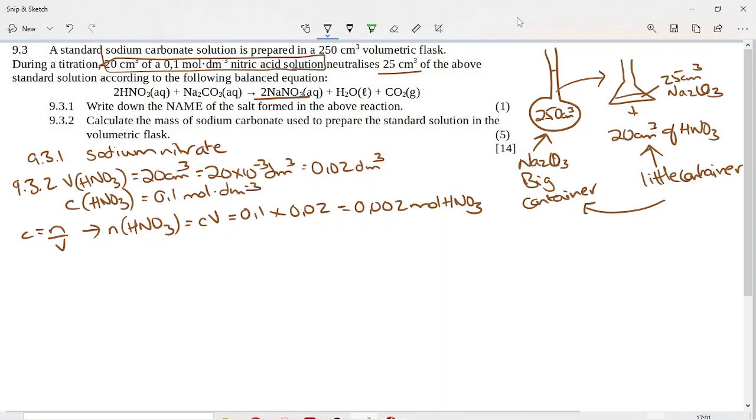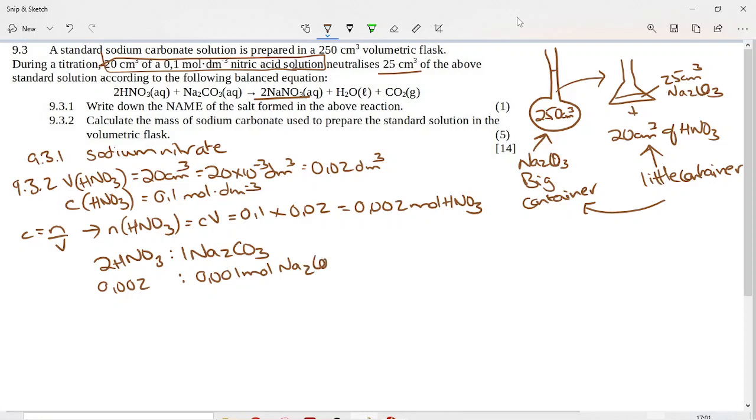The second thing is use your balanced equation. The balanced equation is king. So we have in the balanced equation 2 moles of nitric acid, looking at the coefficients, to 1 mole of sodium carbonate. Yes, we are interested in the sodium carbonate. So if we had 0.002 moles of nitric acid in that little 20 cubic centimeters, we will have reacted it with 0.001 moles of sodium carbonate.